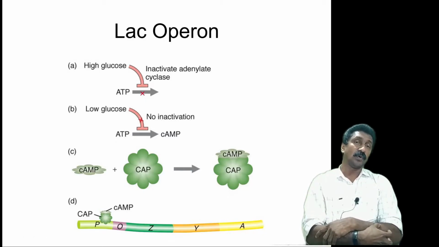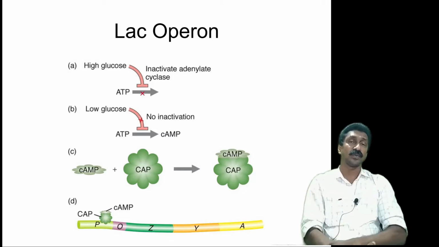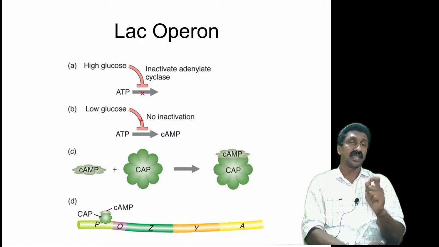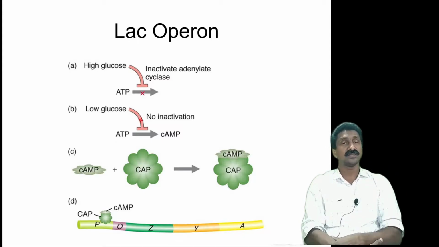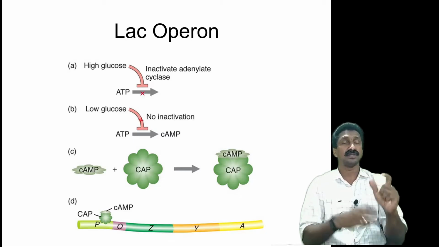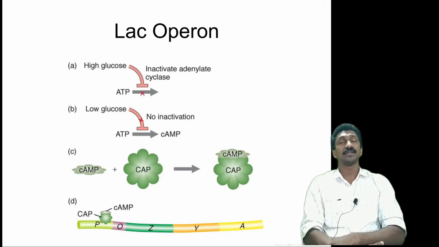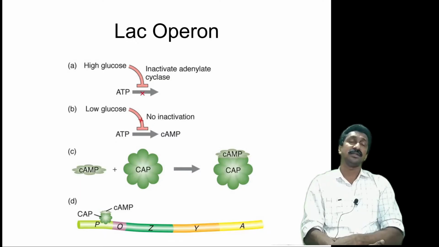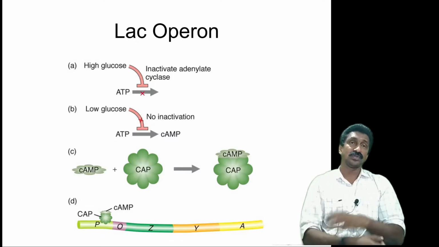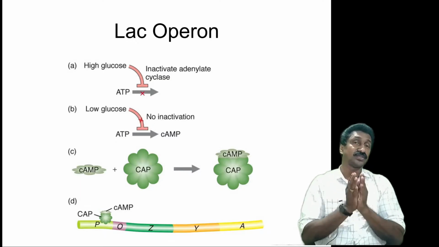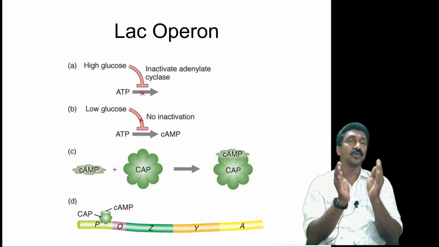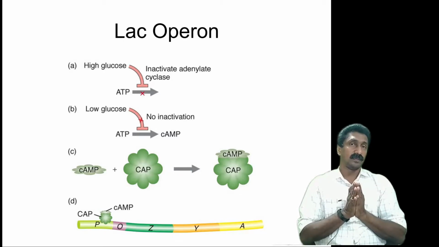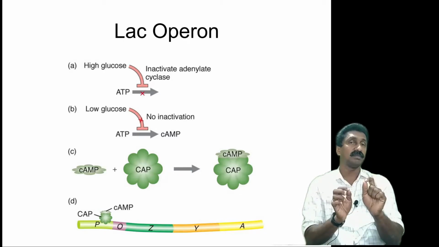So the positive regulation in the lac operon is through the cyclic AMP-CAP complex binding to the promoter region, enhancing polymerase binding and the transcription activity of the lac operon. This ensures that there is low glucose or no glucose in the medium. At high glucose level, cyclic AMP will not be there.